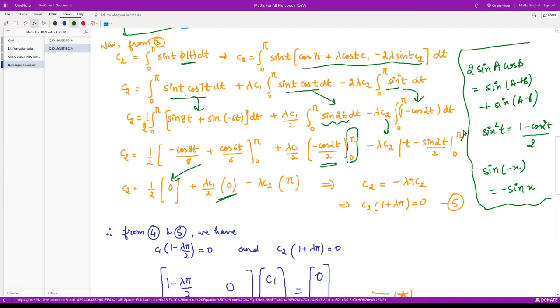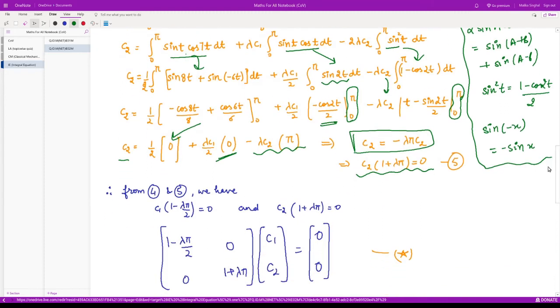So let us substitute the limits over here. We have pi as it is, then sine 2 pi would be 0, then t at 0 is 0, and sine 0 would be 0. So ultimately this is the only term that we are left with. So we have C2 equal to this, and this becomes our equation number 5, right?